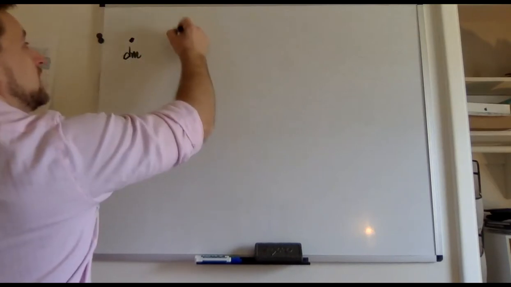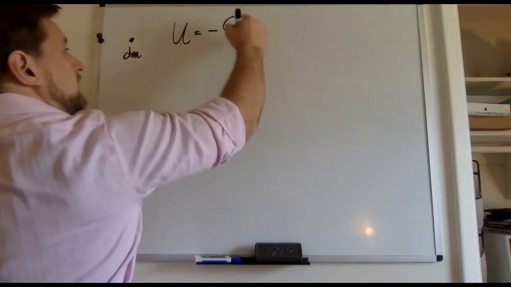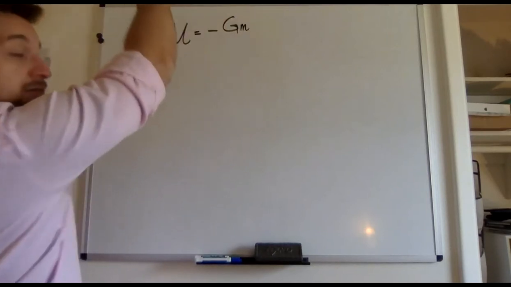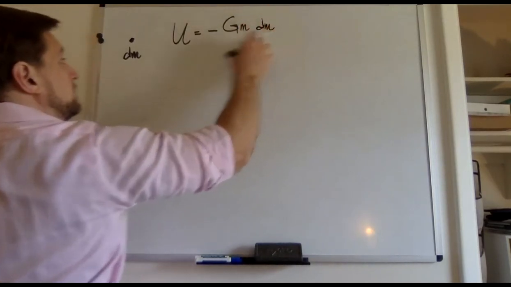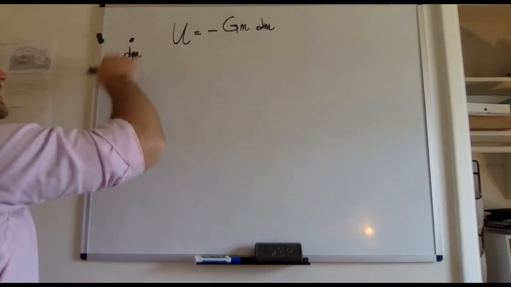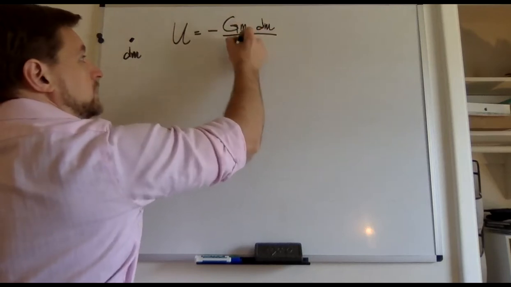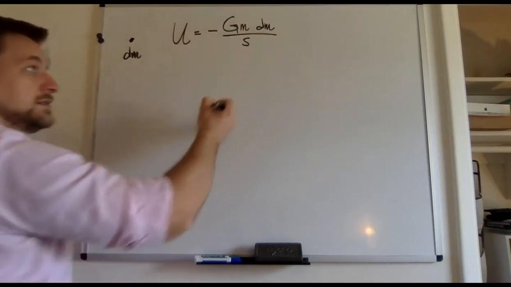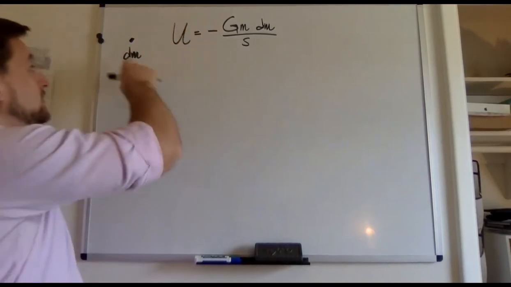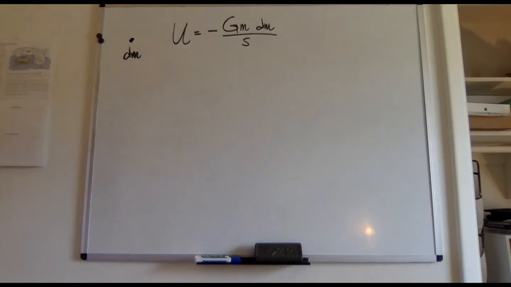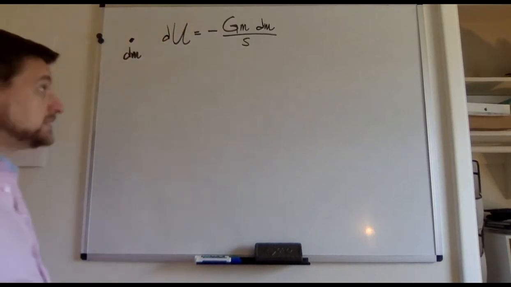So we have potential energy negative G, M is the mass that lives at point P above the sphere, dm is the mass of that little chunk in the ring that we're talking about, over s. That's not a 5, that's an s. That's the distance from point P to this mass. Let's call this dU. Okay, fine.